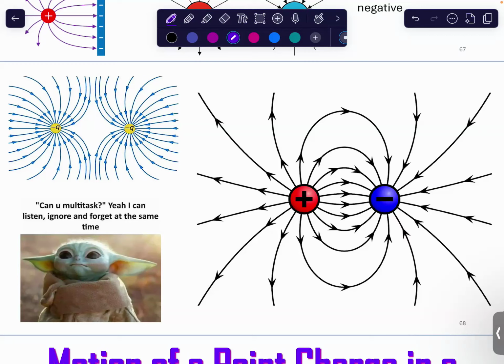And keep in mind, your electric field at every single point along the field line will be tangent to the field line, okay?